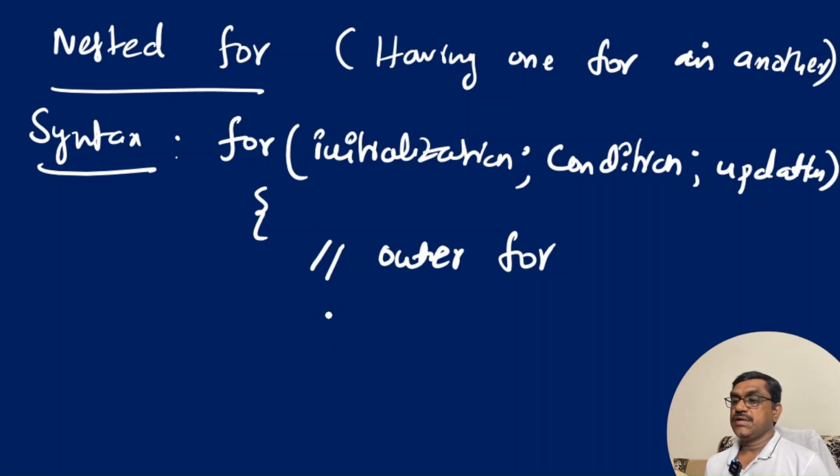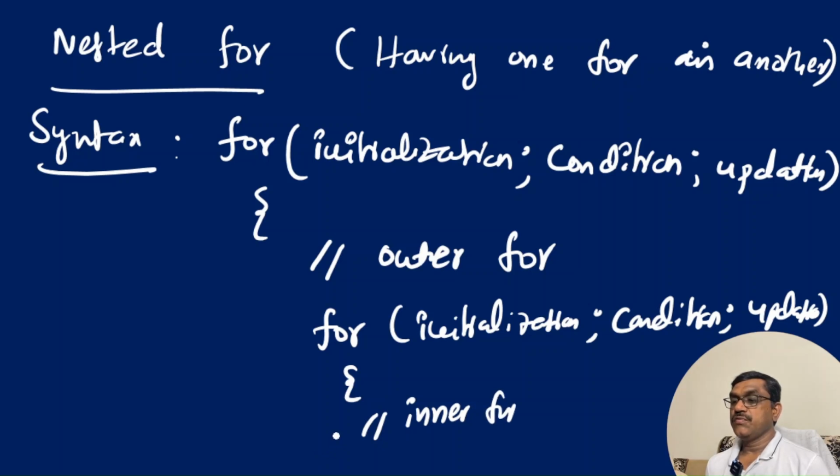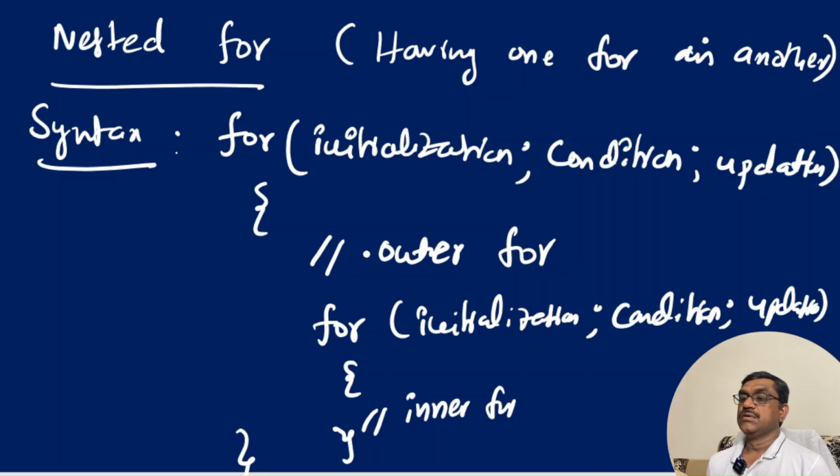Now here I am writing another for: initialization, and here we write the condition, and here again updation. We call this the inner for. Now we close this and we close this.